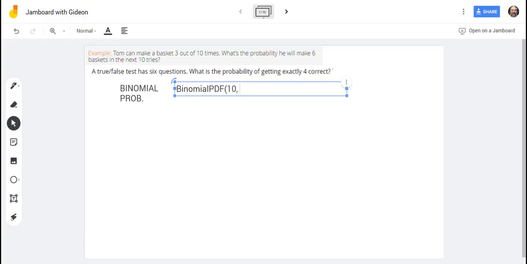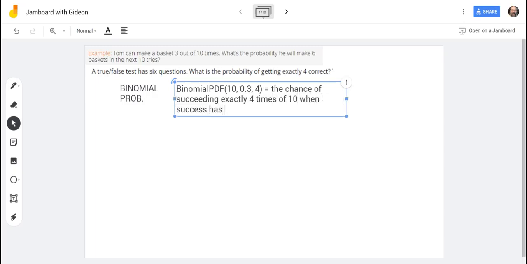We have a probability of success of 0.3, and we're wondering how to get exactly 4. The chance of succeeding exactly 4 times of 10 when success has a probability of 0.3. Any problem that is binomial can be broken down that way.